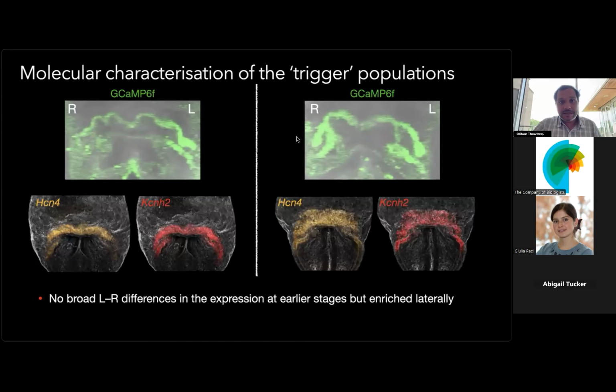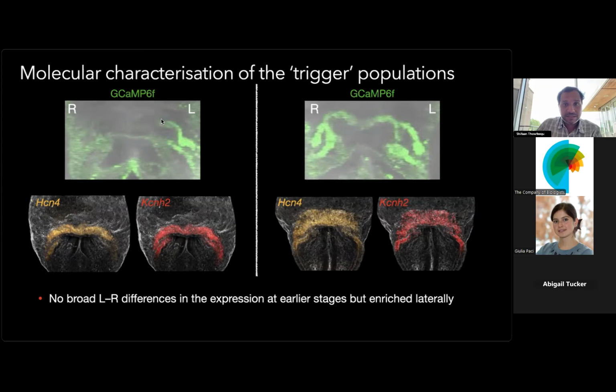But if you looked at embryos that were at earlier stages, when the waves were either going left to right or lateral to medial, what we see is that there is no left-right difference, but the genes that encode channels such as HCN4, which is the cardiac pacemaker channel, is enriched in the lateral aspects compared to the medial. But we still need to further pinpoint where the excitatory population is so that we can identify unique genes that might be present there, which is essential for defining this population.